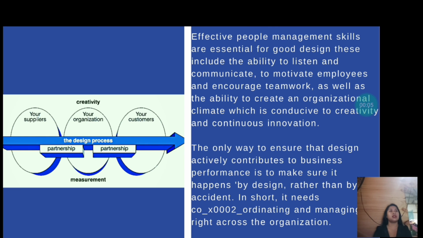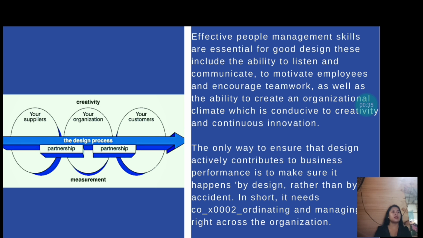It says that suppliers have a different communication and partnership with the organization or business. As the design process is ongoing, the coordination of the organization and the suppliers continues so that the design process works properly. That is the partnership between the supplier and the organization.